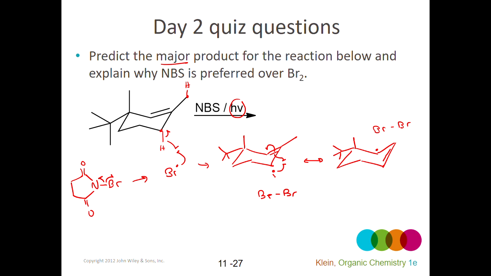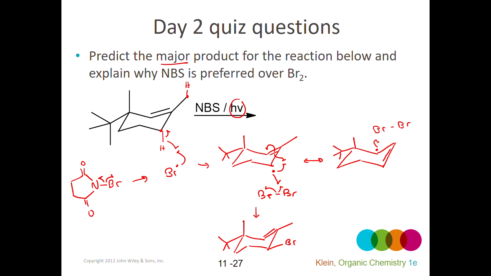So the radical could pick up a bromine at this site, and if it did so, it would probably put it into the equatorial position because it would be less steric hindrance. So that would produce this product here. But the radical doesn't just exist there, it also exists over here in part.